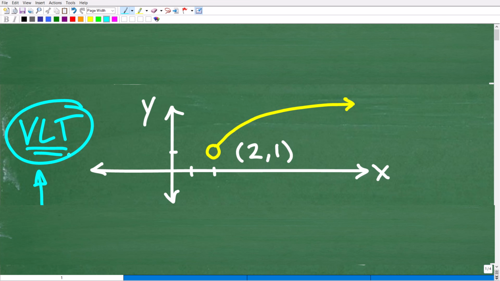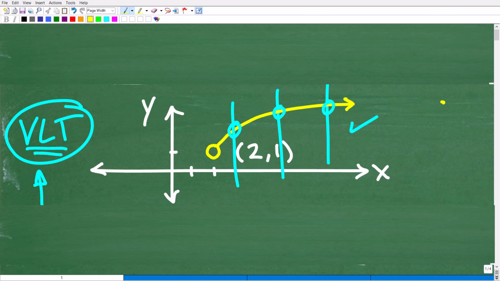Again, functions is a huge topic, so I can't possibly explain everything here, but effectively, the vertical line test is a graphical test that we can use to determine whether a graph is a function. The way it works is if I draw a vertical line anywhere through this graph, not an angled line, a perfectly vertical line, and it only intersects the graph one time, it passes the vertical line test.